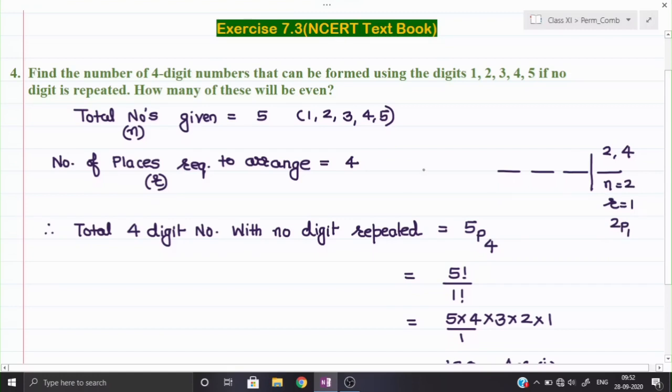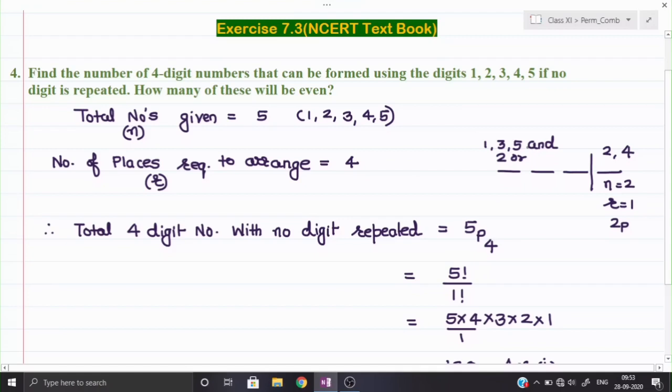And similarly onto the remaining 3 places who can come? 1, 2, 3, 4 or 5. But remember, one number, whichever we are using out of 2 or 4, any one can come. So for your convenience I will write it this way: 1, 3, 5 and 2 or 4. Out of 2 or 4 any one will come.